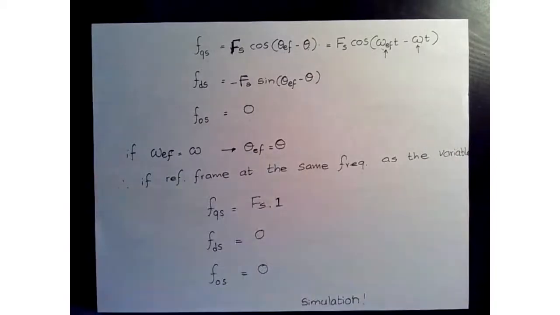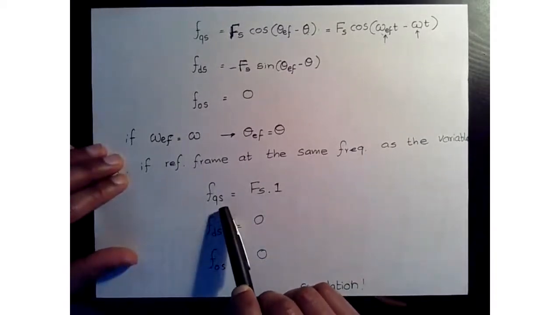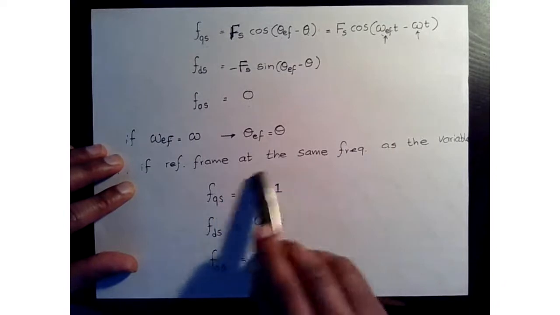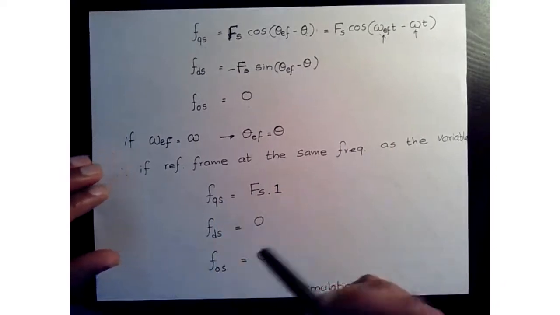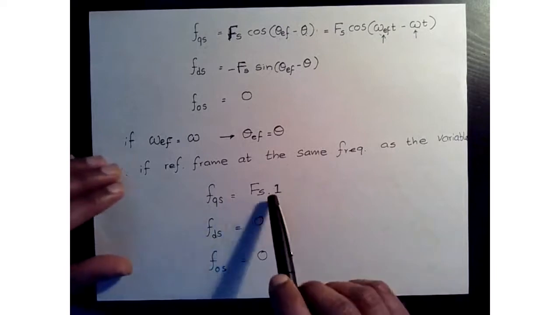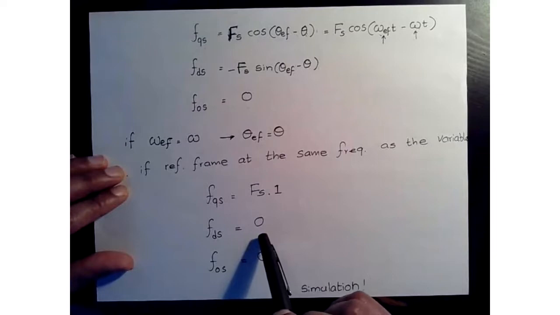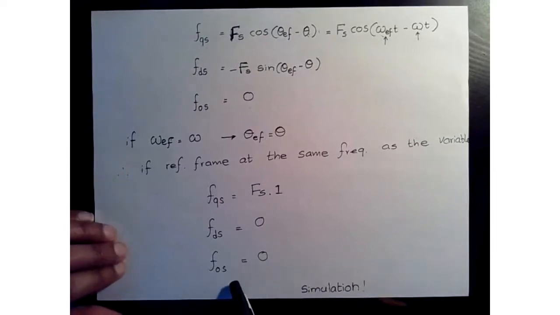And when we do that, a very beautiful thing happens. Now our Q axis, since it's aligned with the signal, sees the full amplitude. The D axis, the direct axis, which is 90 degrees orthogonal, is 0. The projection of it is going to be 0, and of course the zero sequence is 0 itself.